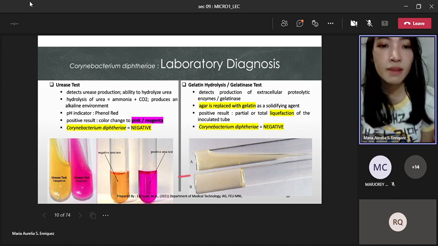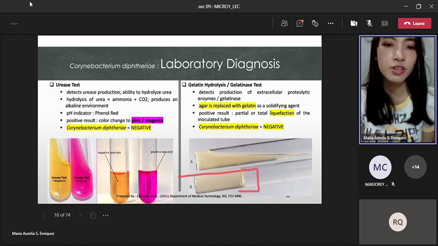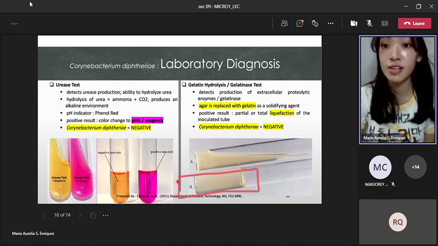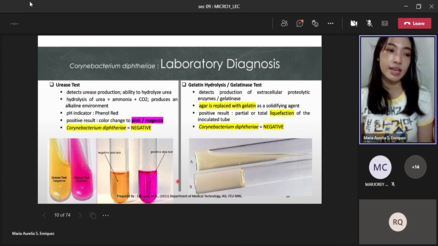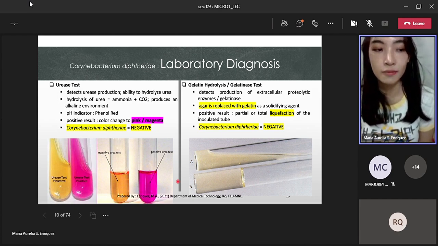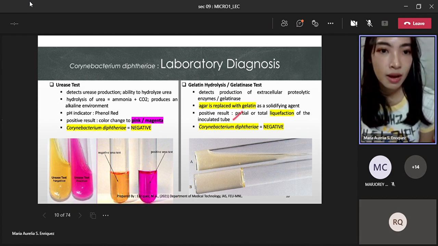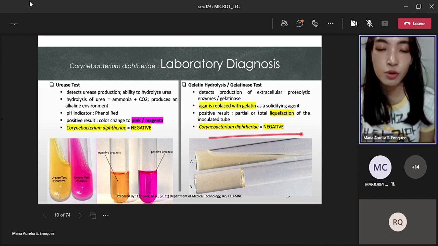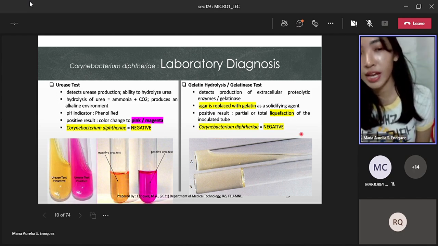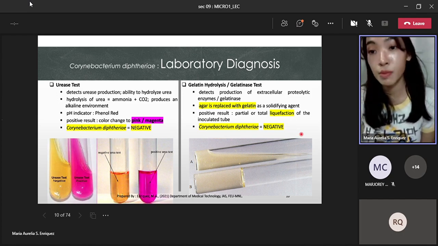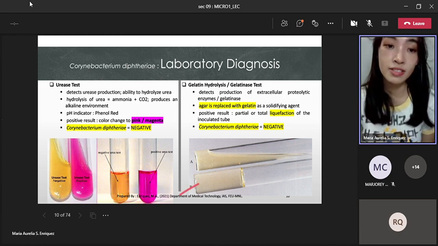Pero dito sa tube B, ayan po, intact pa rin or same shape, there was no change that was produced in the gelatin stab. So again, ang Corynebacterium diphtheriae po, it would produce a negative result. And then some other Corynebacterium species might produce a positive result.